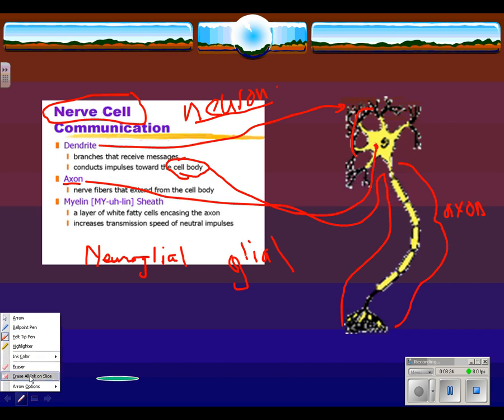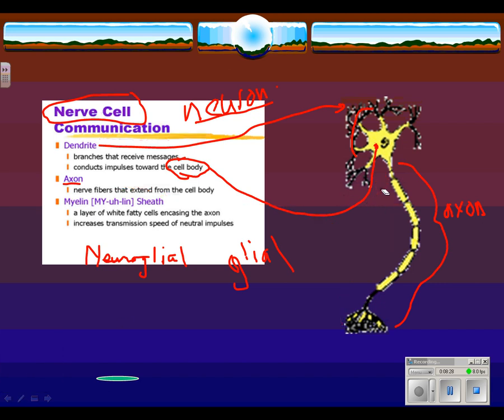Around the axon, I'm going to erase some of this ink. It's a little bit confusing here, so I'm going to erase this one. Around the axon, if you can see, it looks kind of like little sausages here. What that really is, is a layer of insulation on the axon of long nerves, and that layer is called the myelin sheath, or myelin for short.